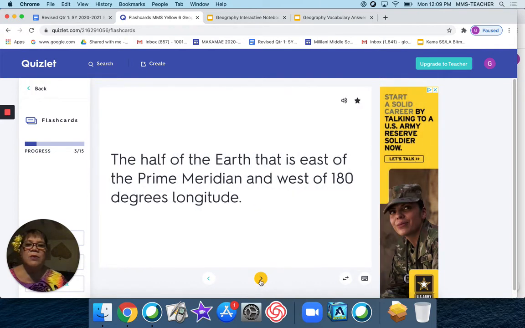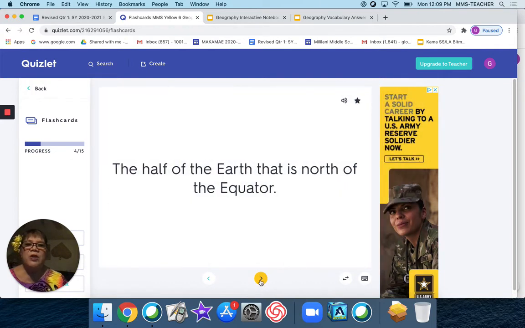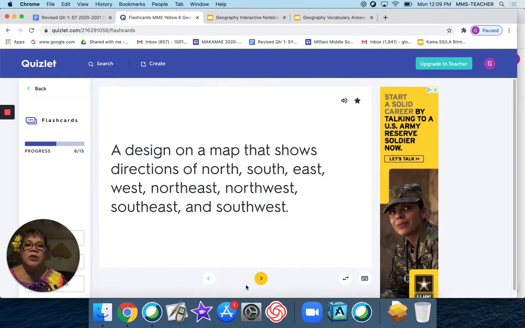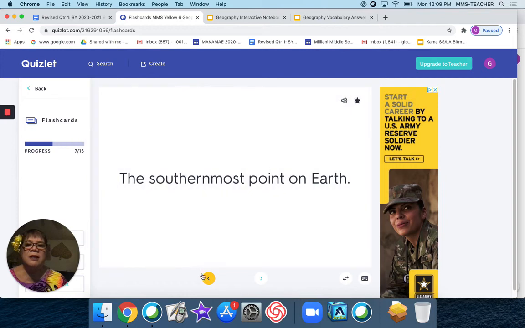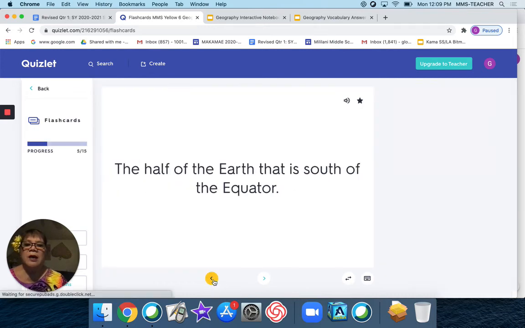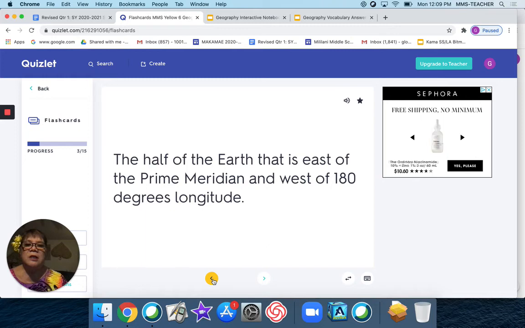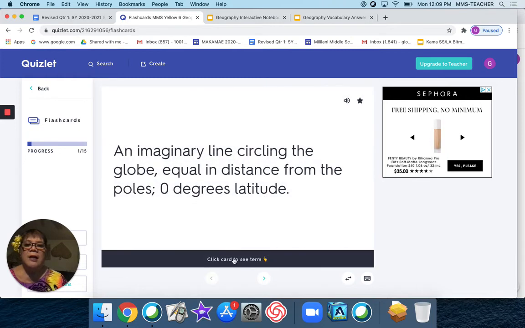It's going to go through each of these. And when you want to know what the term is, all you're going to do is click on it. So just as we did for the flashcards, it'll go over the terminology first. And it's this: click card to see the term.